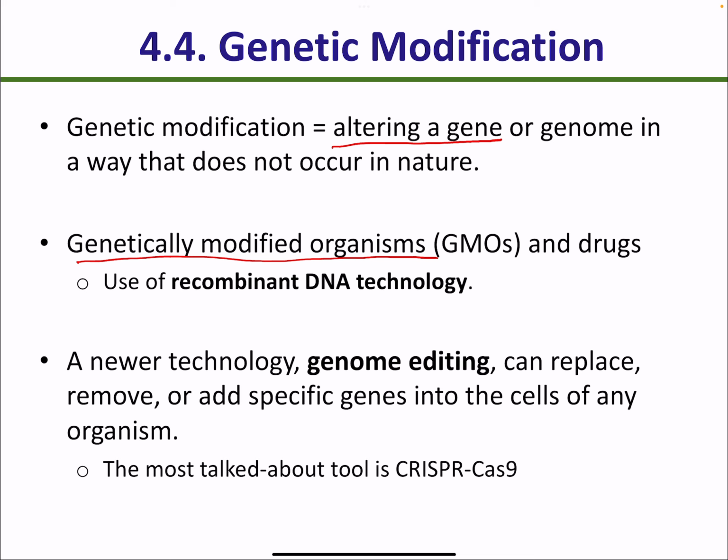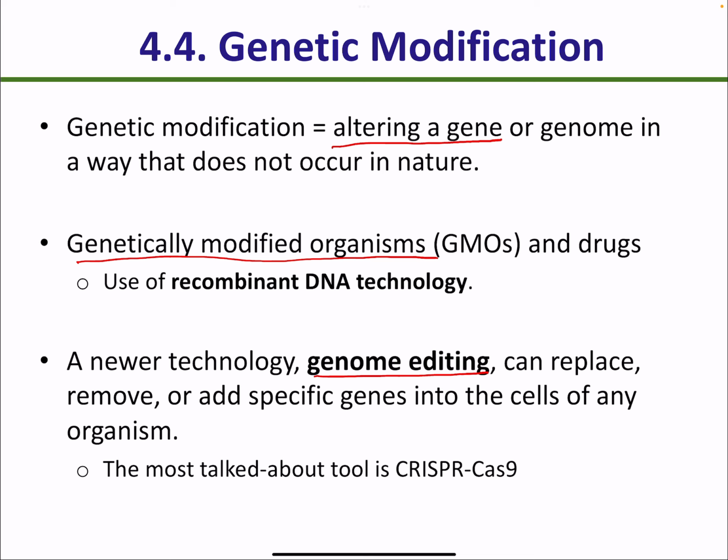We are able to produce human insulin using bacteria, right? We are modifying bacteria to produce human insulin, and therefore we can address our diabetes issue in the community. Also, there are some newer technologies, including genome editing, that consist of replacing a defective gene with a normal gene.